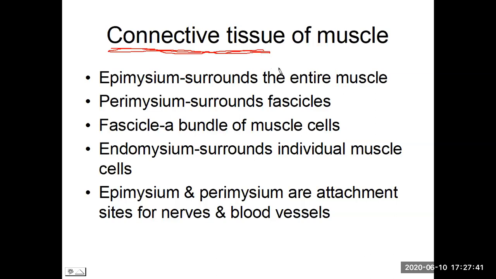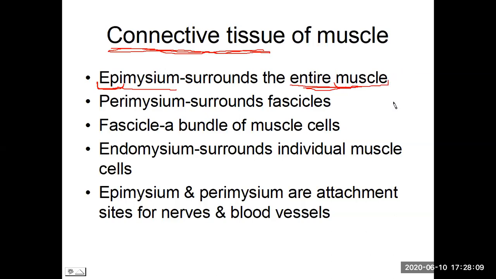So starting at the superficial surface, the entire muscle organ is wrapped in a layer of connective tissue. And you notice the prefix here, epi. So at the surface of the muscle, the epimysium, bundling, wrapping all of the muscle cells, stabilizing that entire muscle organ. So such as an entire biceps muscle wrapped in epimysium.